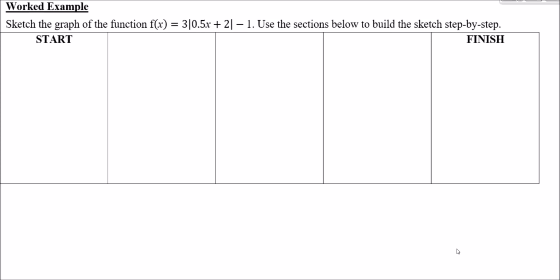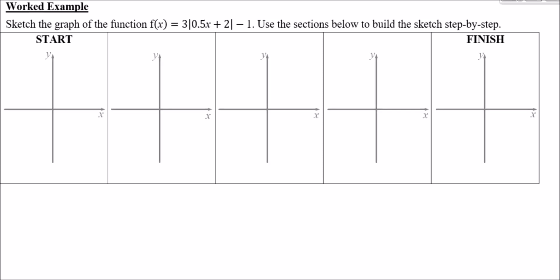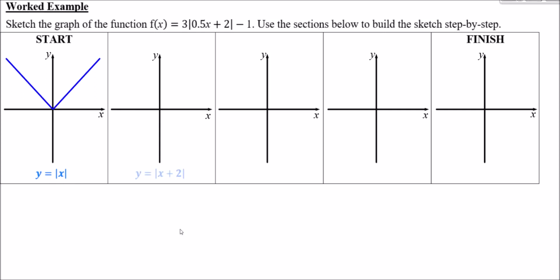So, first step, parent function. So let's just get our coordinate axes in first. Our parent function, y equals mod of x. Just a symmetrical V, like so. The first thing we'd do is deal with this 2. So in our case, we've got a, b, c, d.